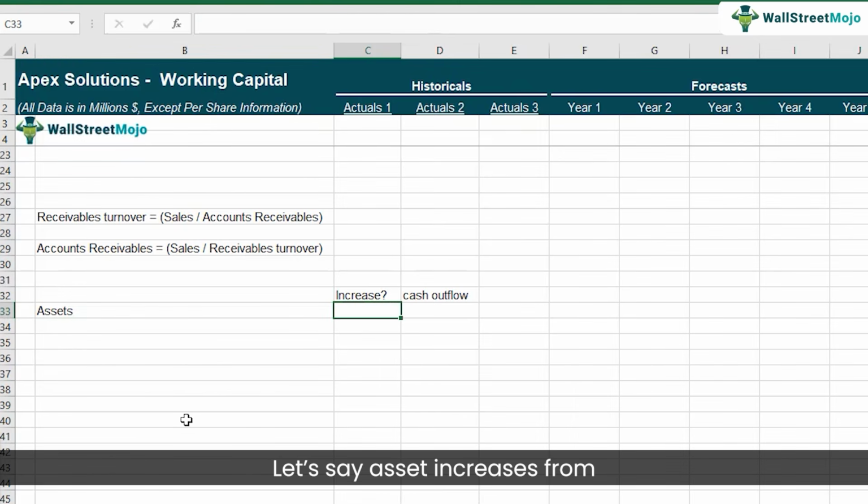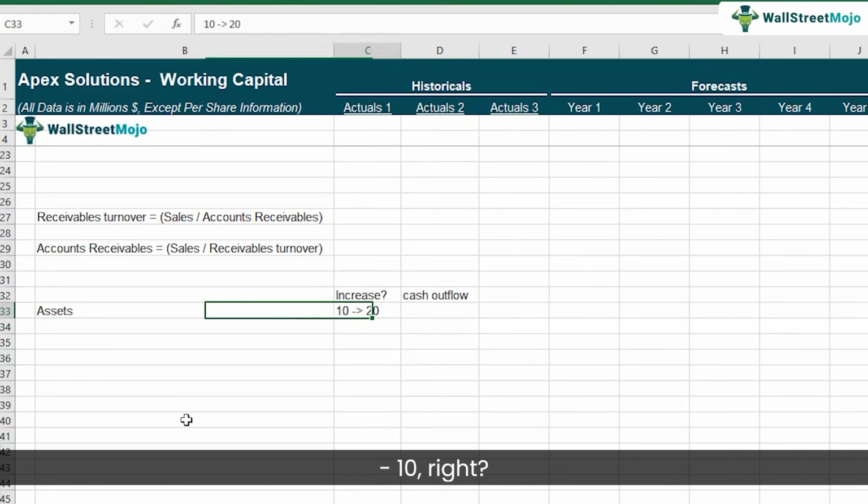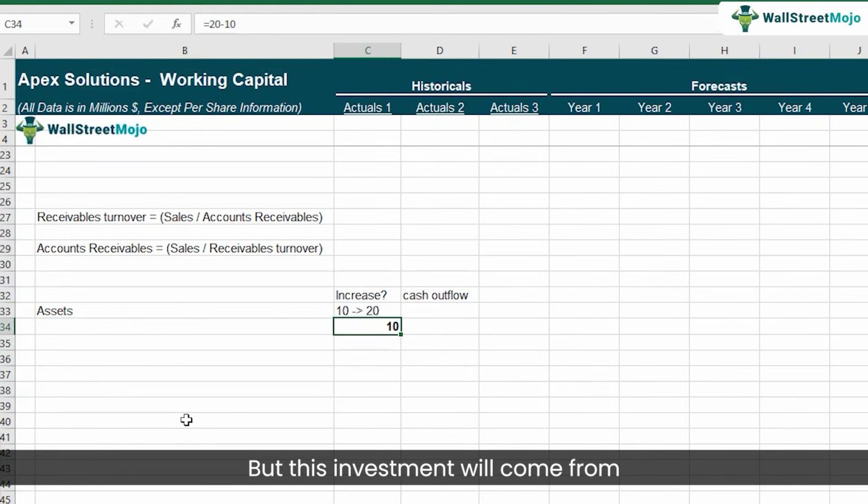Let's say asset increases from 10 to, let's say, 20. Obviously if the balance sheet was reporting 10 earlier and now it is reporting 20, that means you would have made an investment of 20 minus 10. So 20 minus 10 will be your actual investment. But this investment will come from where?